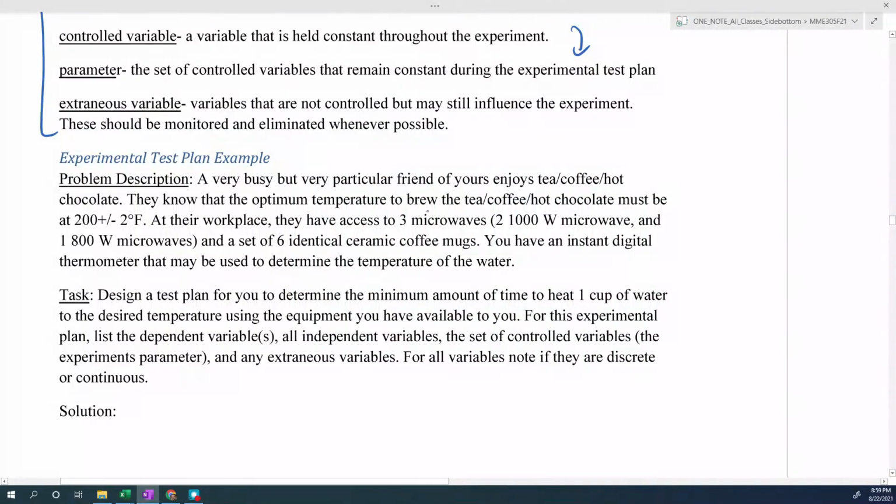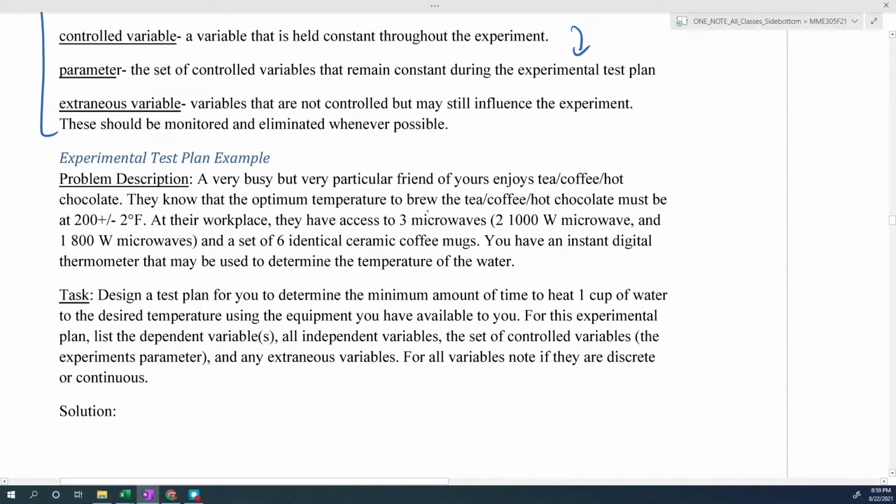They like to brew that beverage at 200 degrees Fahrenheit plus or minus 2 degrees. At their workplace, they have access to 3 different microwaves, 2 1,000-watt microwaves and 1 800-watt microwave, and 6 identical ceramic coffee mugs. You also have an instant digital thermometer that may be used to determine the temperature of the water after you remove it from the microwave.